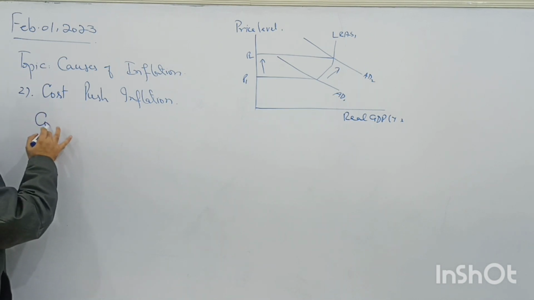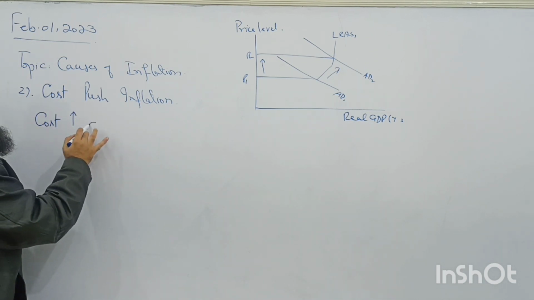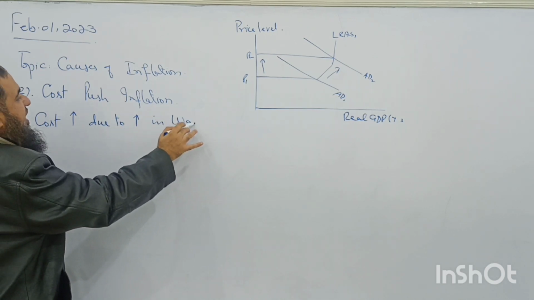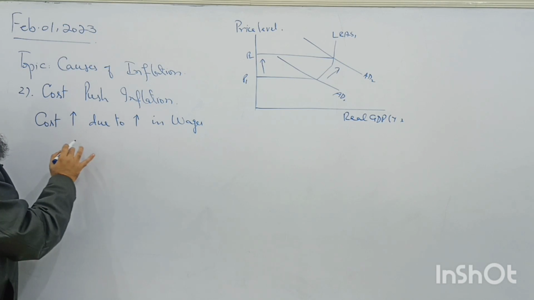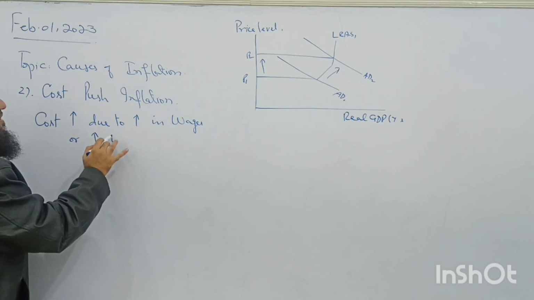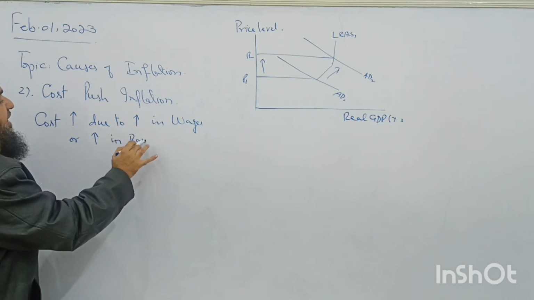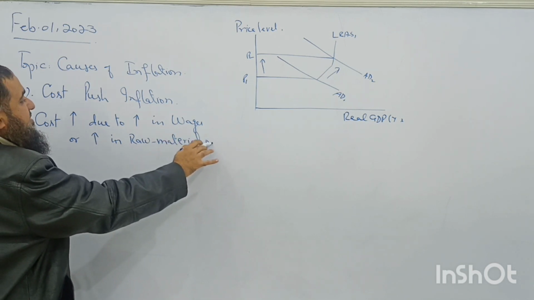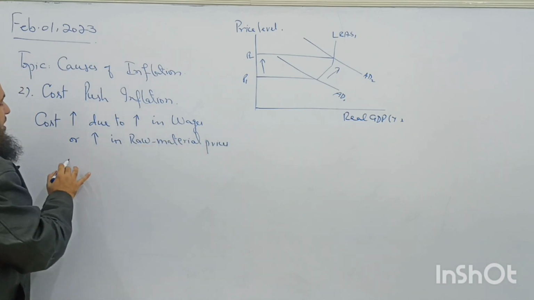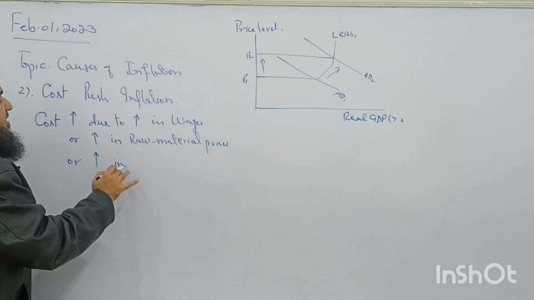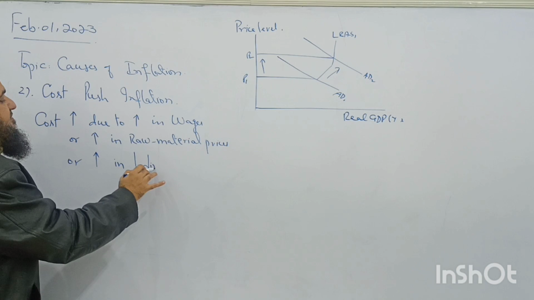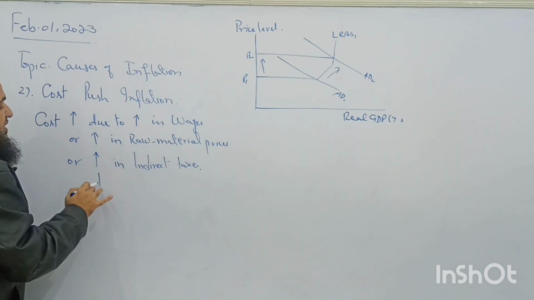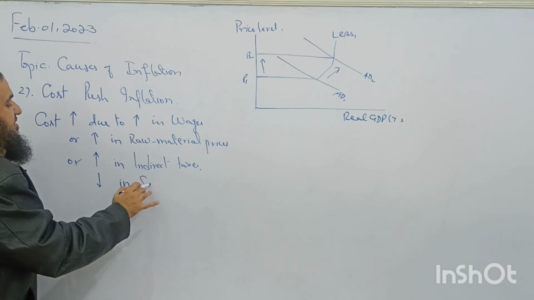So cost increases due to increase in trade union wages or increase in raw material prices or increase in indirect taxes or decrease in subsidy.